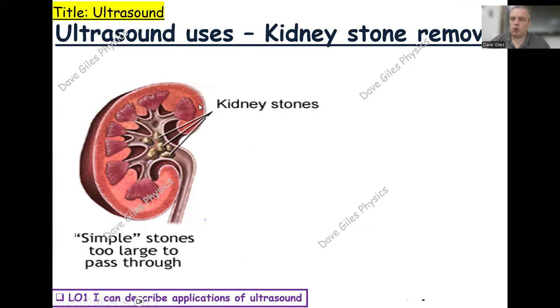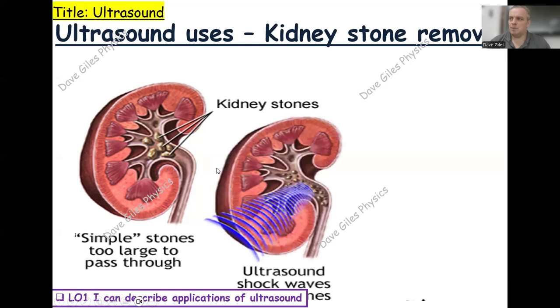Now, applications, which is what we're really focusing on today. Another one is removing kidney stones. Kidney stones are basically large stone-like things that build up inside kidneys, and they can't pass through easily. They can't actually pass out through your urine easily, like a lot of other waste products.